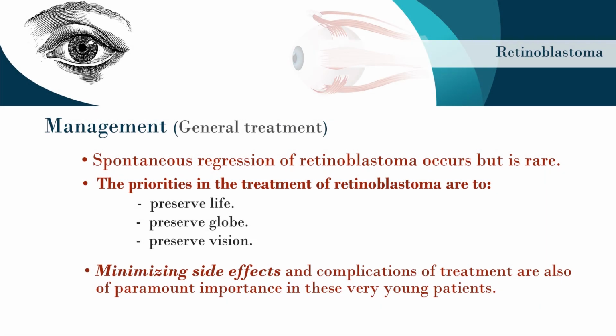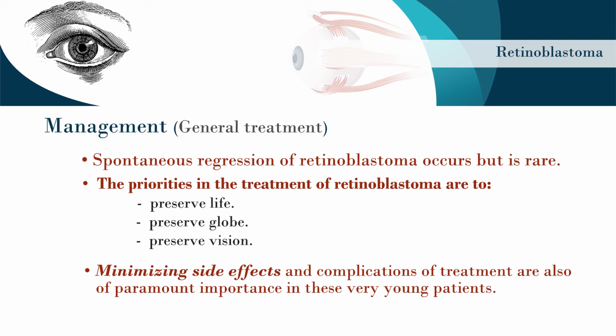Now we come to the management, the general treatment. Spontaneous regression of retinoblastoma occurs but is rare. The priorities in the treatment of retinoblastoma are to preserve the life, preserve the globe, and preserve the vision, in that specific order.